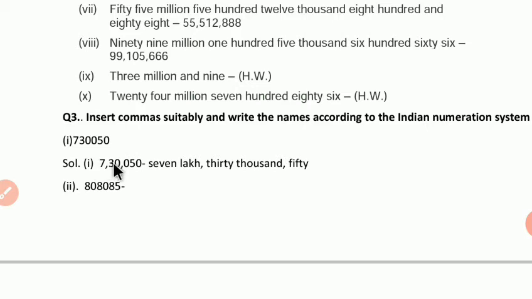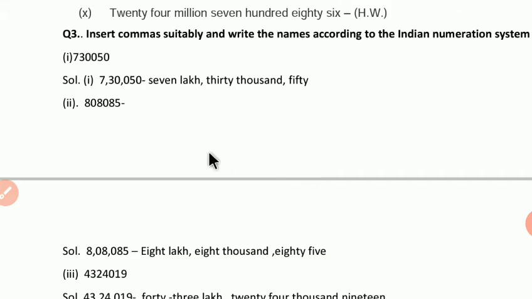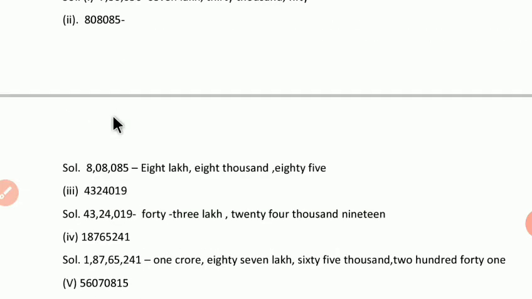Now we will write its name according to the Indian system. So in the Indian system, how do we write: ones, tens, 100, 1000, 10,000, lakh. It means 7,30,050. Next one, 808085. Again we will place the commas after every 3 digits from the right, first comma and second comma after every 2 digits.